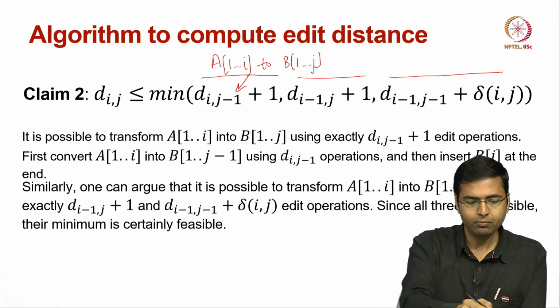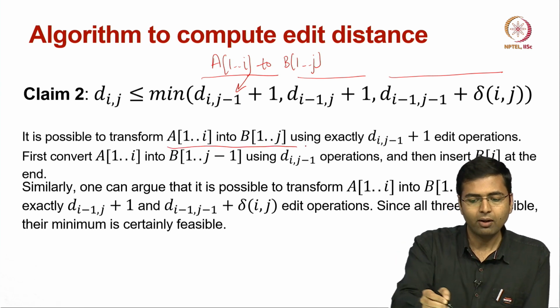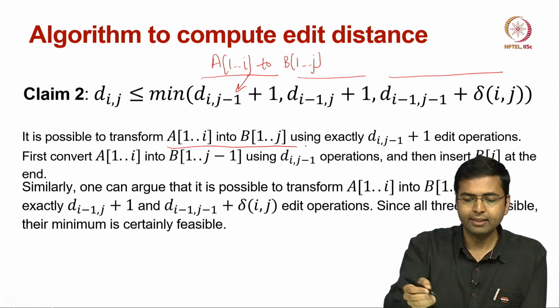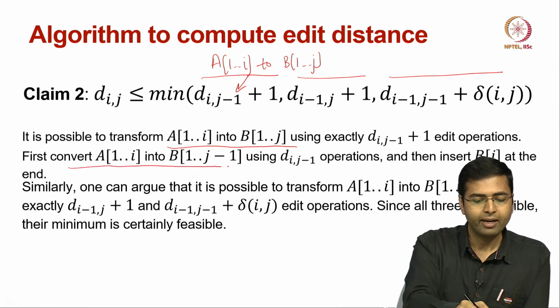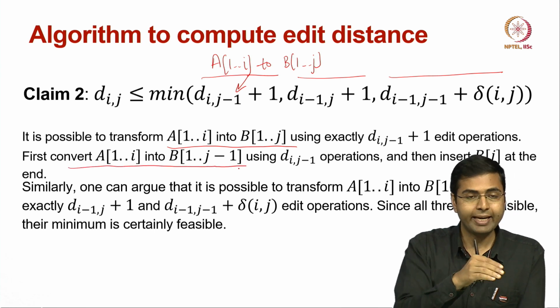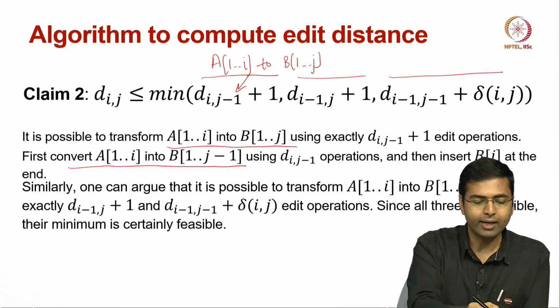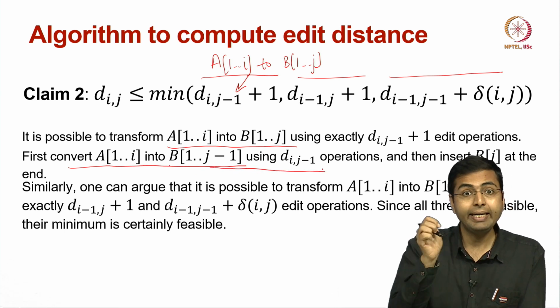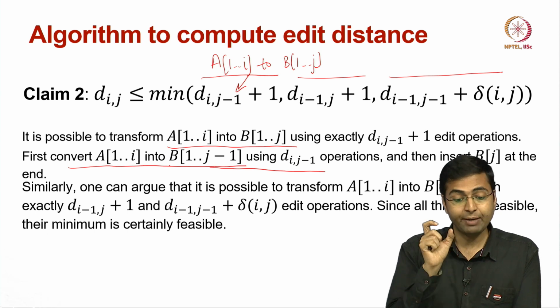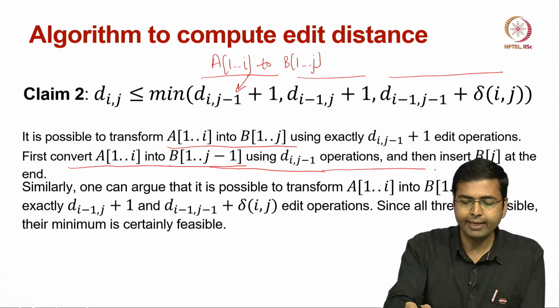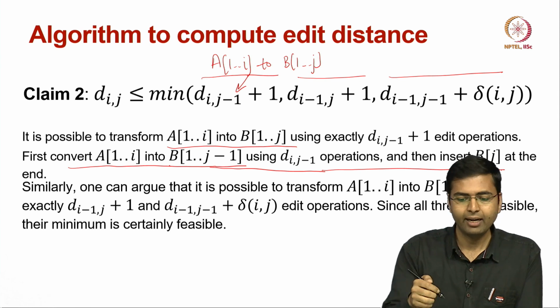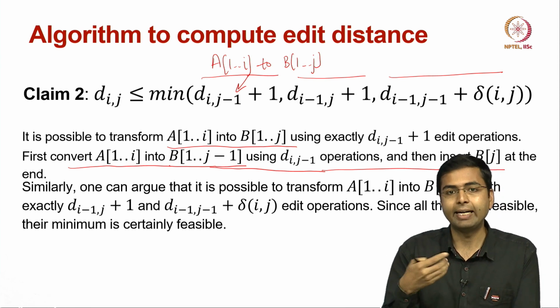Well, the way I would do it is, I would first convert sequence A_1 to i into sequence B_1 to j minus 1 using exactly D_i,j-1 operations, and then subsequently I will insert B_j at the end.